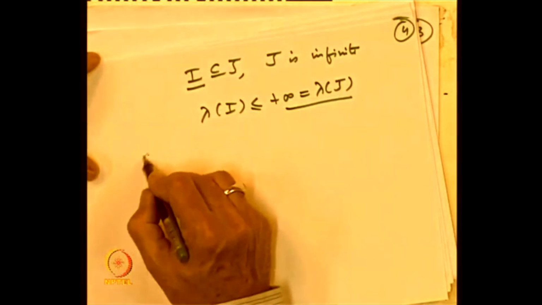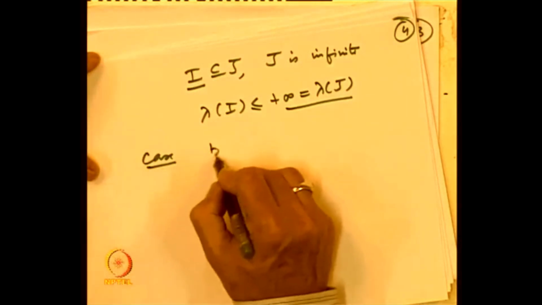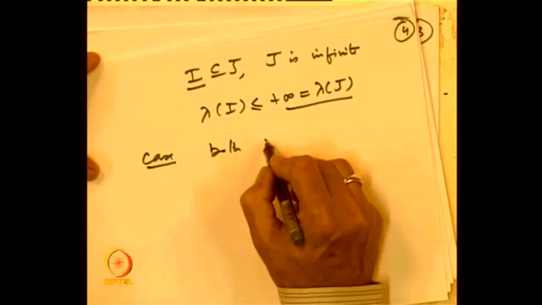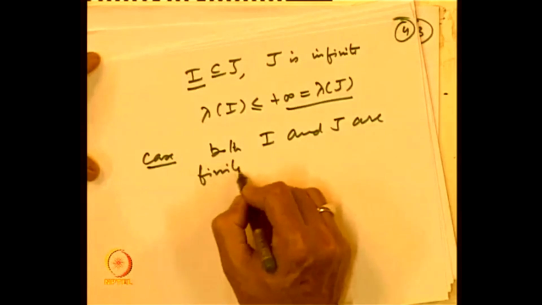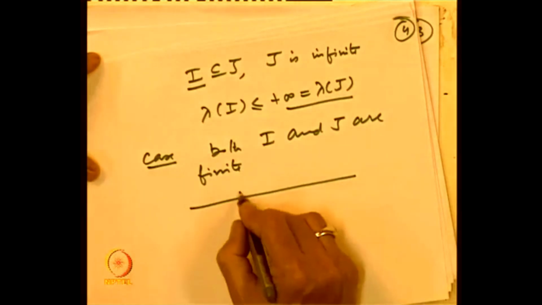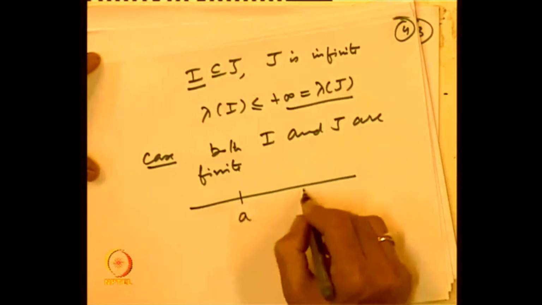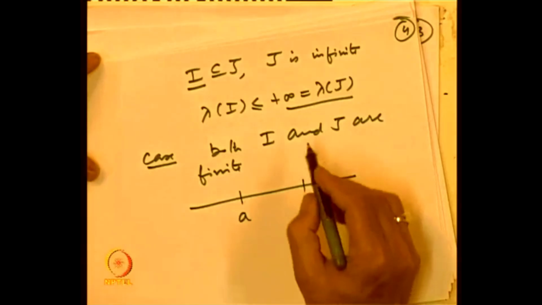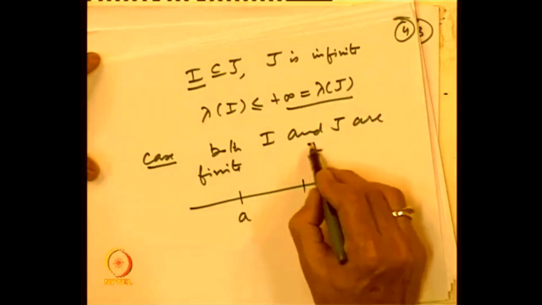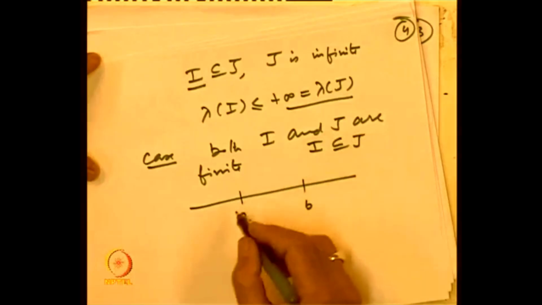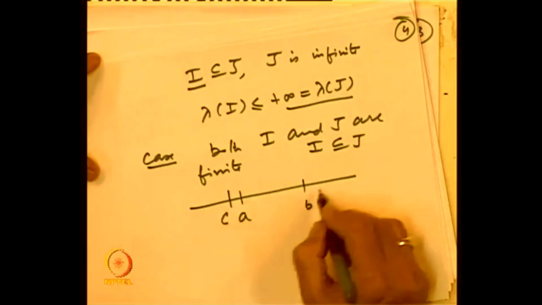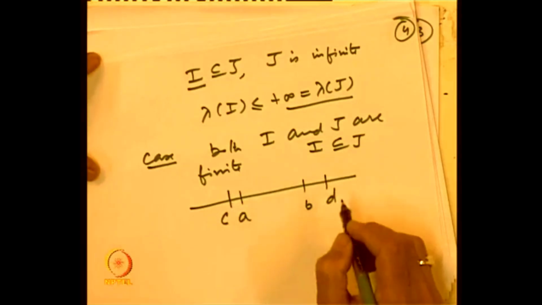Finally let us look at the case when both I and J are finite. Let us say I has endpoints a and b. Now I is a subset of J, that means the endpoints of J have to be somewhere outside, on either side.